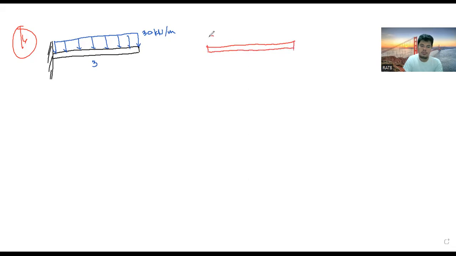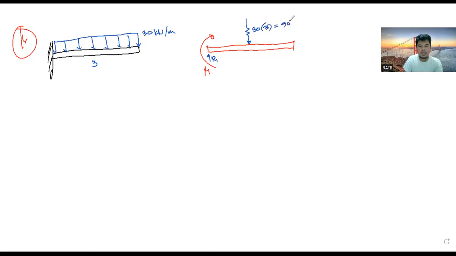So it actually has the moment at its end, and at the same time the support, given by, let's say, R1. The uniformly distributed load can be represented by a single concentrated load of 30 kilonewtons multiplied by 3.